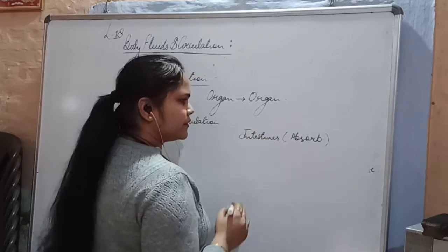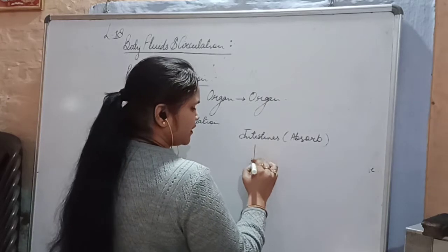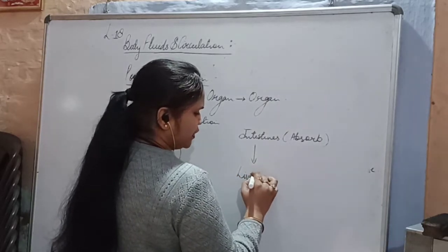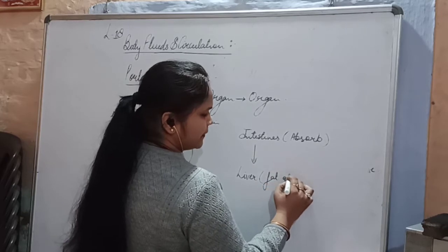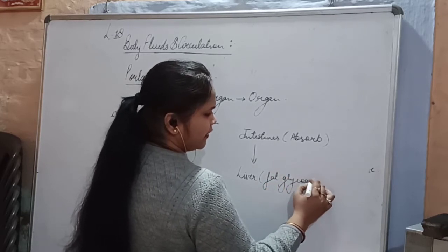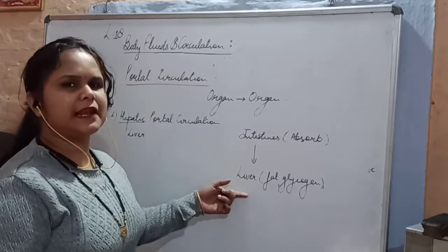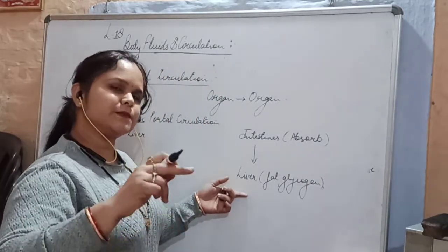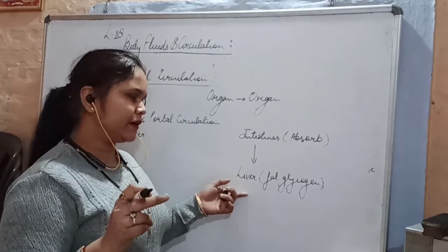Now there are some things which need to be transferred to the liver. Why do they have to be transported to the liver? For example, fat is there, glycogen is there, certain other things are there. They need to be transported to the liver, rather than transporting them to the whole blood, which is transported to every part of the body.